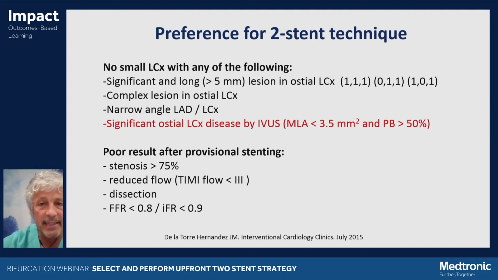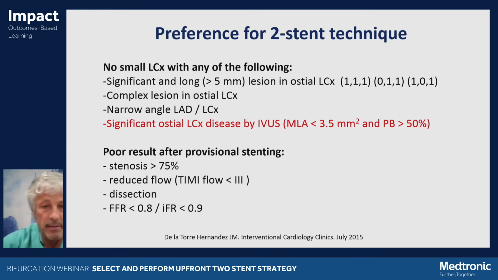Preference for the two-stent technique is based on several angiographic features or characteristics, but also an IVUS-based criterion, which is to have significant ostial circumflex disease with a lumen less than 3.5 and more than 50% plaque burden.